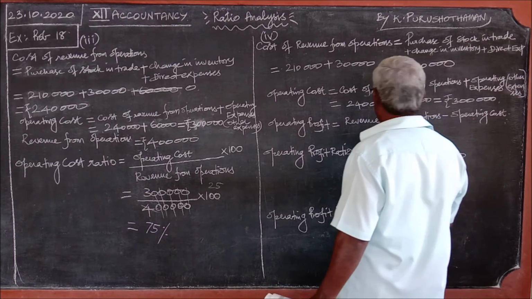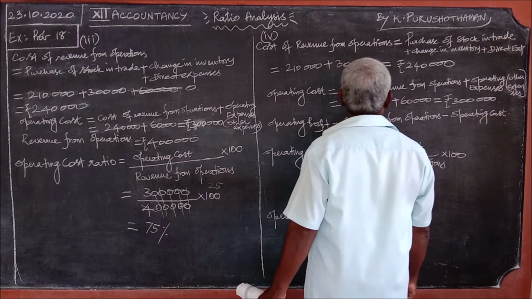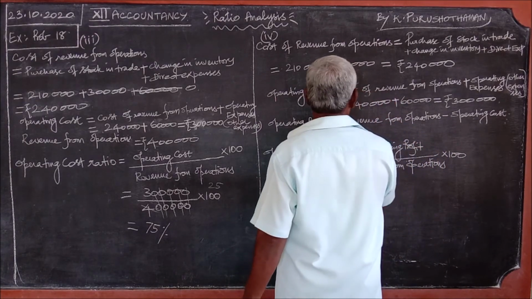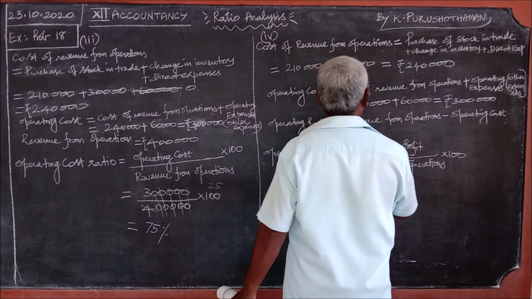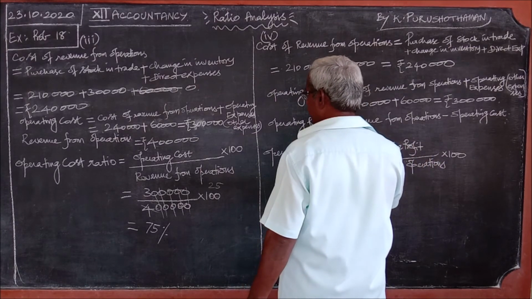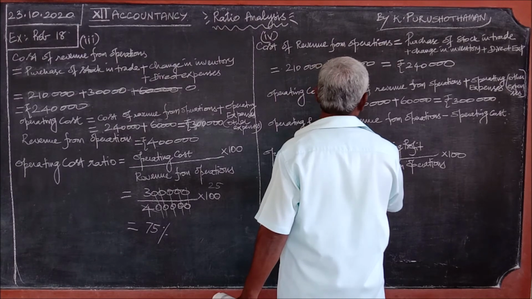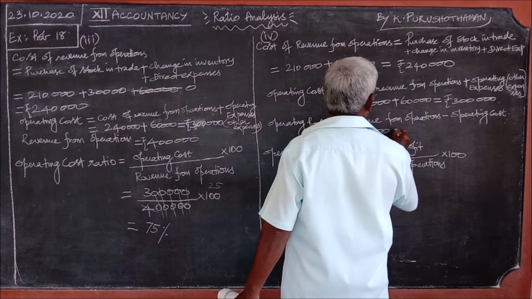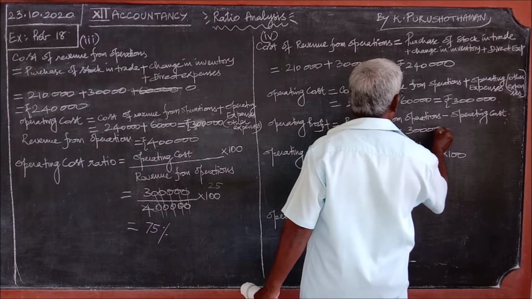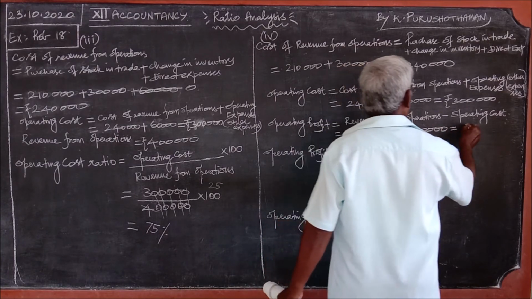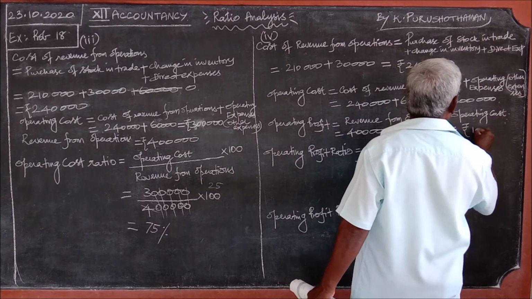3 lakhs. Now how to find the operating profits? Revenue from operations minus operating cost. Revenue from operations 4 lakhs minus operating cost 3 lakhs. 4 lakhs minus 3 lakhs, this is equal to 1 lakh.